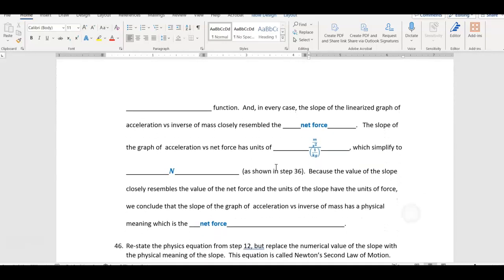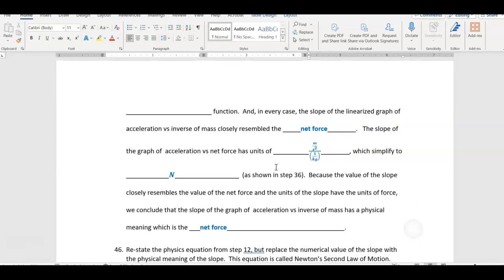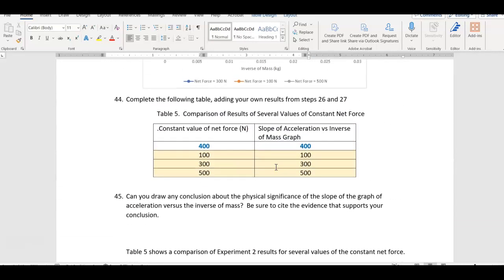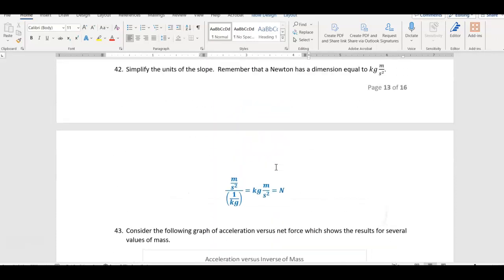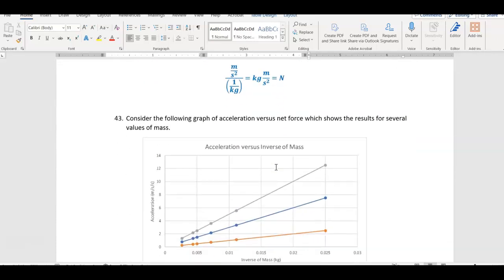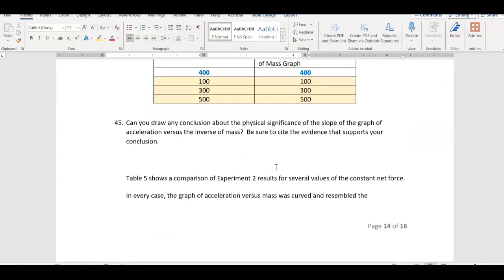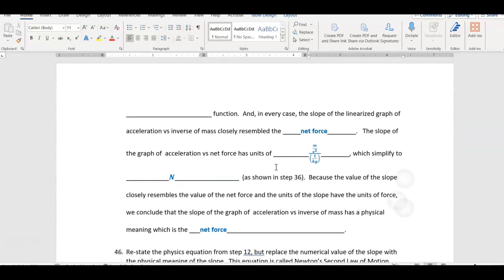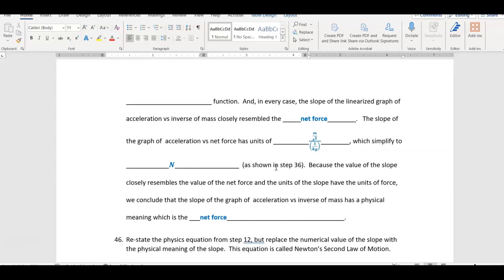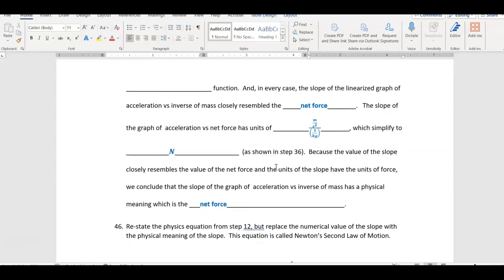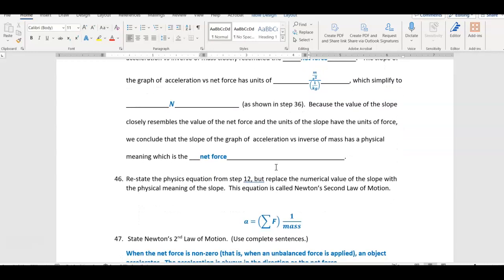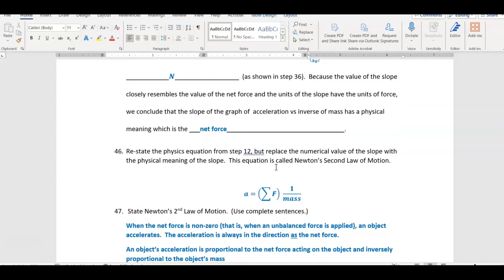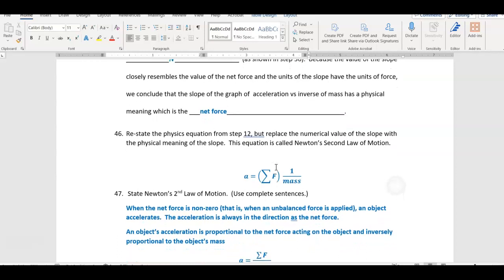And basically, in every case, the slope of that linearized graph resembled the net force, right? Our slope was 400.18, but our net force was 400. So very much resembled the net force, and the units simplified to be units of newtons. That's the unit of a force. And so we conclude that that slope has a meaning, which is net force.